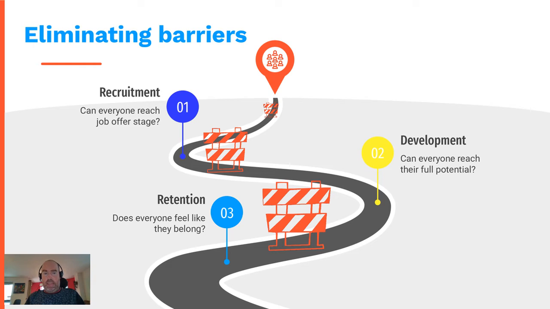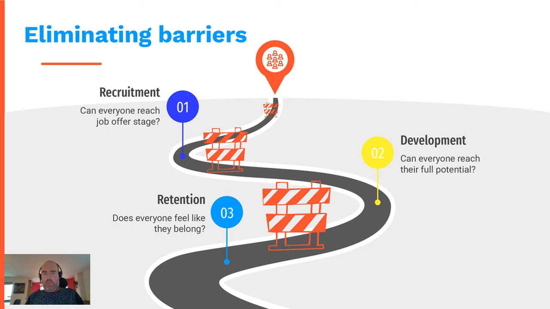So is everybody able to reach the job offer stage within your organization? For example, if you take job applications online through your careers portal or website or applicant tracking system, if your careers website doesn't work well with screen readers, which is assistive technology that blind people use to navigate around the computer and around the internet, then somebody who's blind is not able to submit a job application with you, for instance.